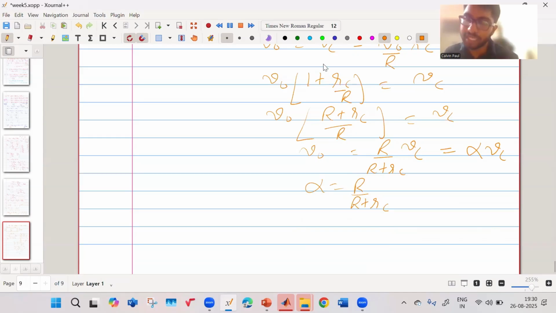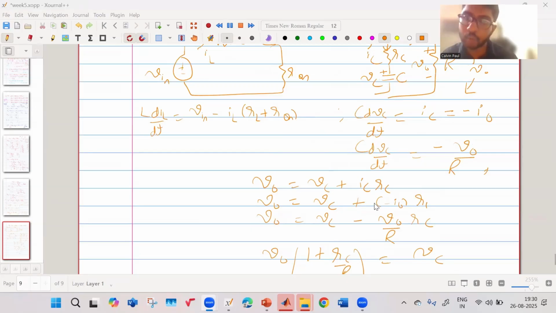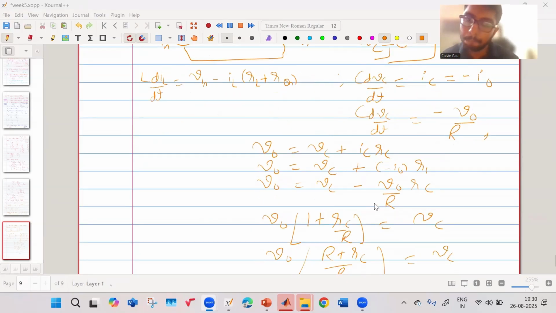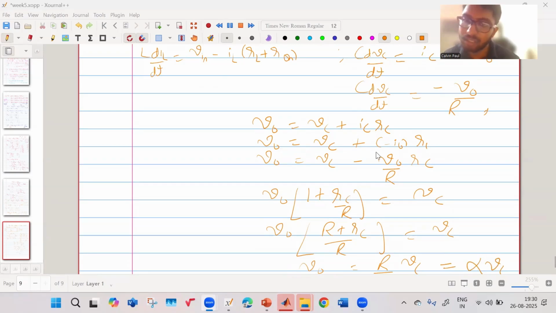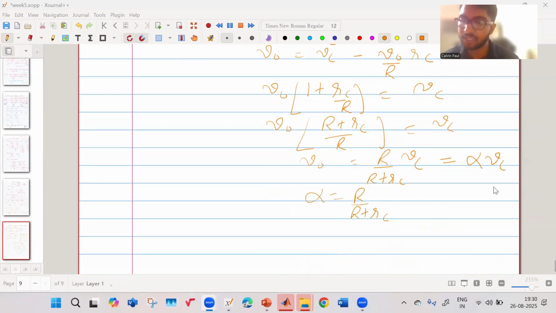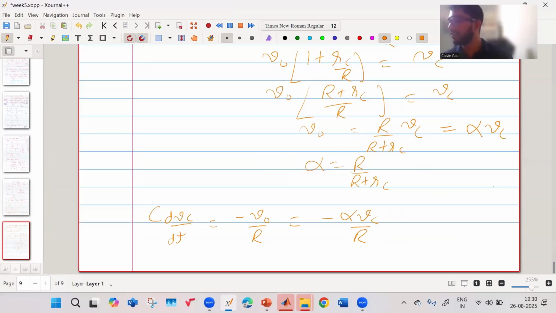This you might have come across in the expressions, but you do not realize why it would have come. So I'm just explaining to you. So now, what do we know? V output is VC plus ICR. So your V output is equal to alpha VC. So we can write C dVC by dt, which is actually your minus V out by R. This is actually your minus alpha VC upon R, right?